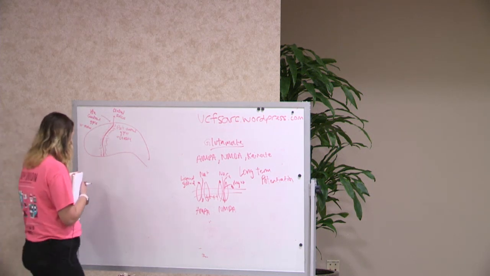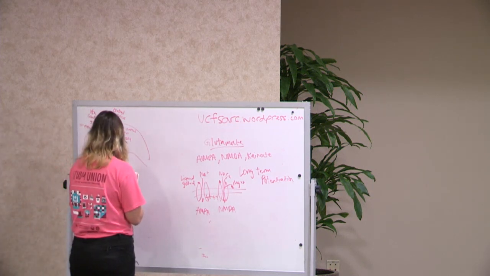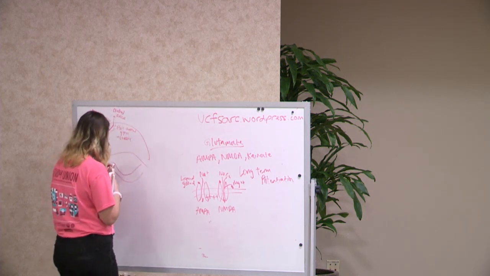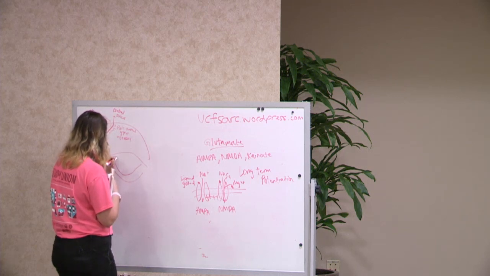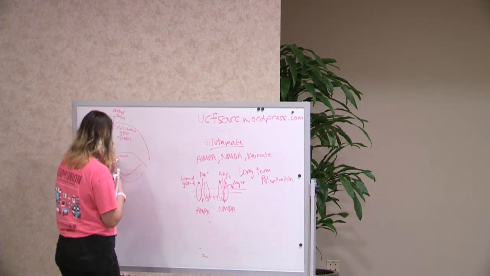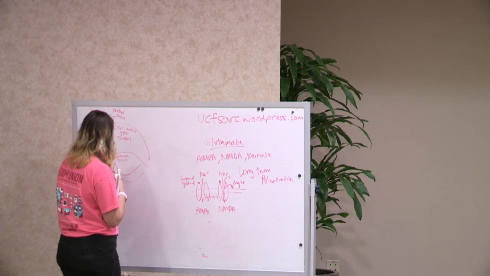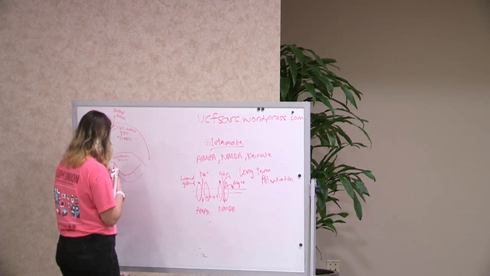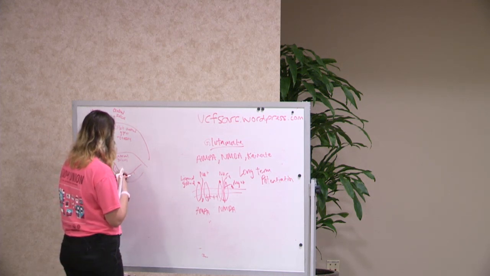Also, he had in his slides a picture like this. And here would be the central sulcus. It was like 1B, 1A, 2, and then other.